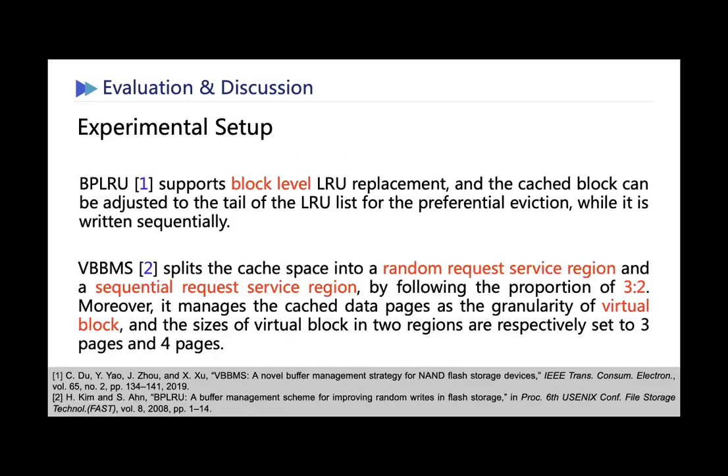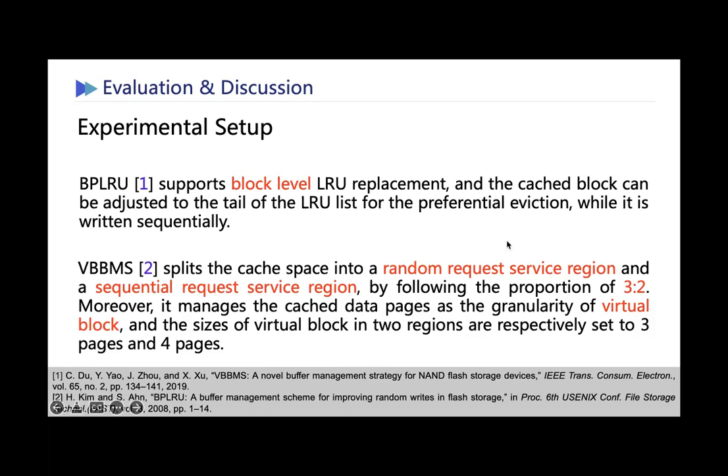Apart from the widely used LRU algorithm, we also take VBBMS and BPLRU into comparison. BPLRU supports block-level LRU replacement, and the cached block can be adjusted to the tail of the LRU list for preferential eviction while it is written sequentially.